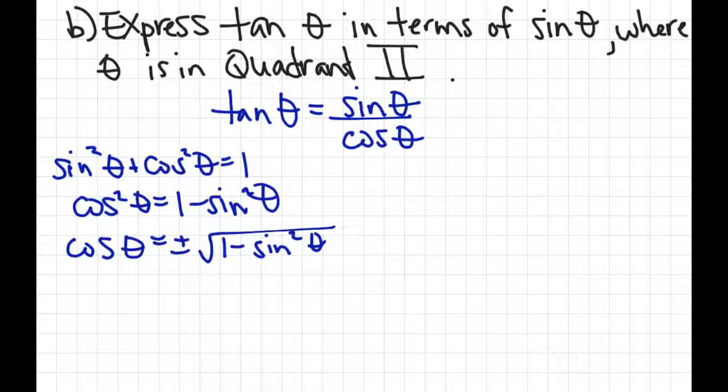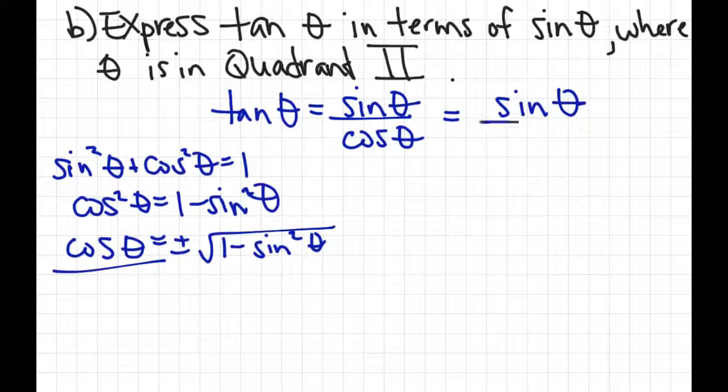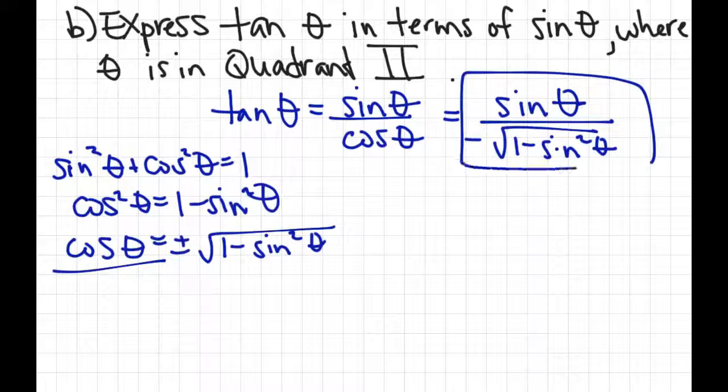So, we're in quadrant 2. Is cosine positive or negative in quadrant 2? It's negative. So in the denominator, I'm going to replace cosine with negative square root of 1 minus sine squared theta. And that would be tangent written in terms of sine.